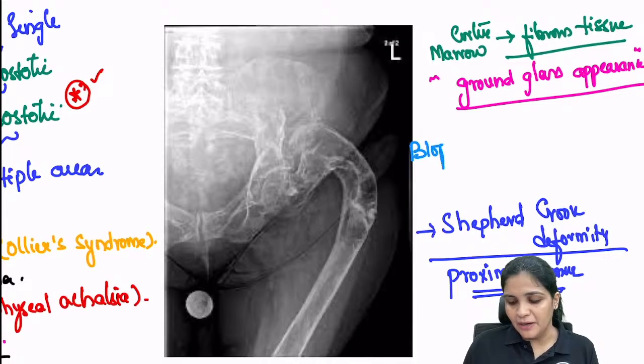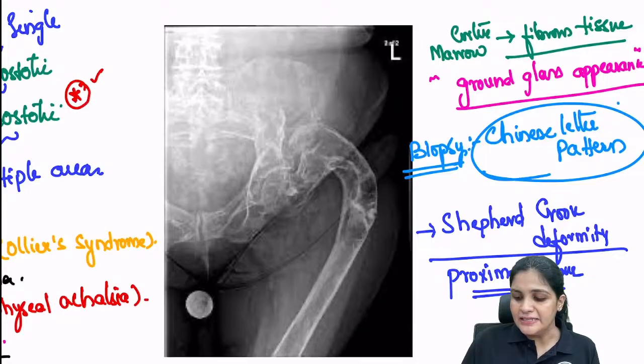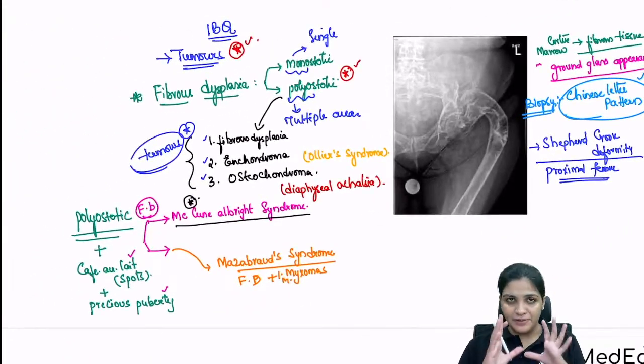Whenever you take the biopsy, you see fibrous tissue, and this is seen as a Chinese letter pattern. So these are all the terms which you have to remember for fibrous dysplasia.